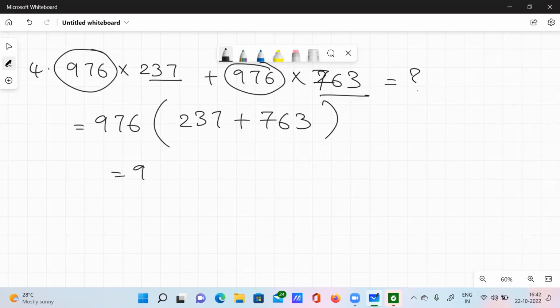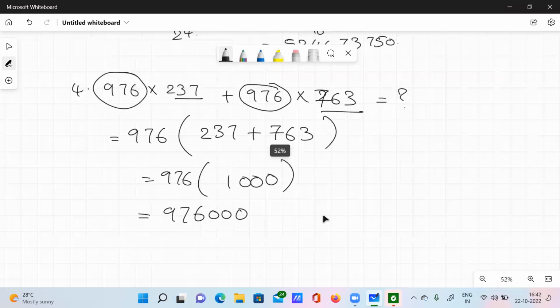Now you need to add it up: 7 plus 3 is 10, 3 plus 6 is 9 plus 1 is 10, 2 plus 7 is 9 plus 1 gives 1000 here. So we get the value of 1000. Multiplying with 1000 is very simple. 976,000 is our answer. So this is another problem here.